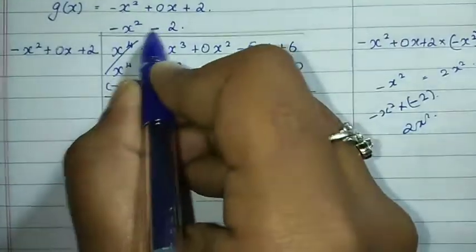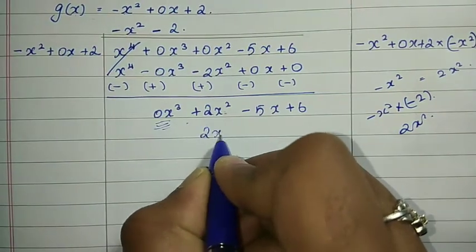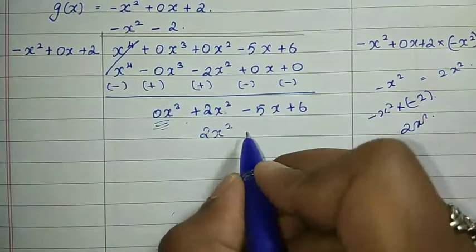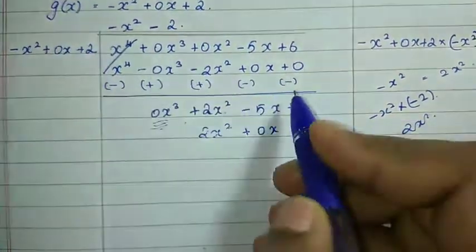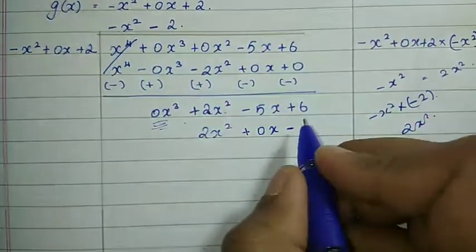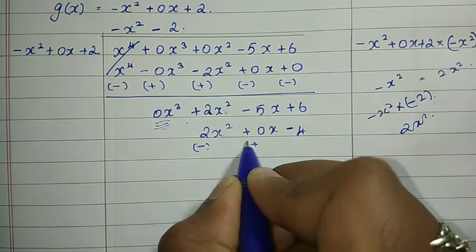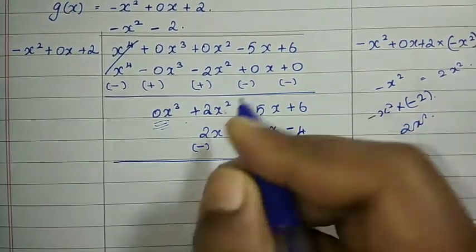So minus 2 into minus 2 is plus. So 2x square plus 2 into 0. This is 0x, and minus into plus is minus 2 2s are 4. So here I will be changing the sign. For 0 you may or may not change it.